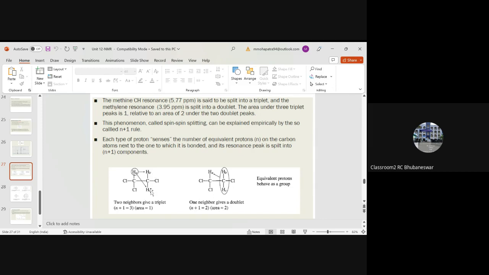Following the n plus 1 rule, HA is near to two other protons, so it is 2 plus 1, which is 3. So HA will have three small peaks. And HB and HC will each show a doublet, that is n plus 1, since they are surrounding HA.